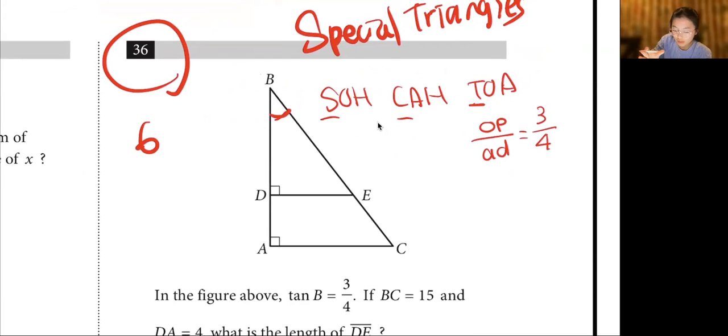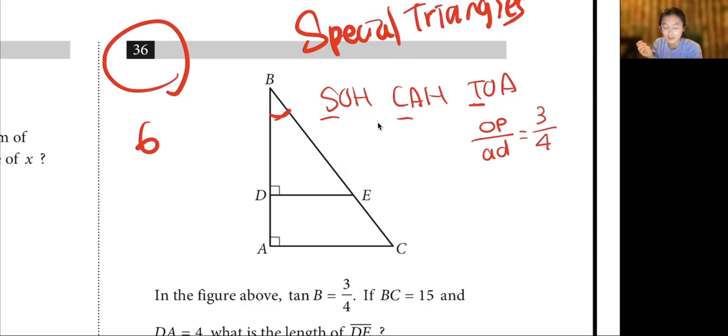One distinction you need to make is that whatever the sine, cosine, or tangent is, it's only telling you the ratios and not the actual length.